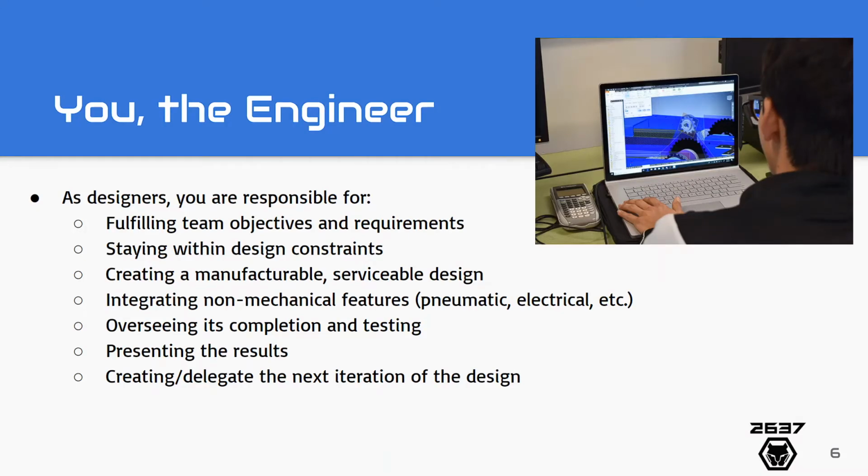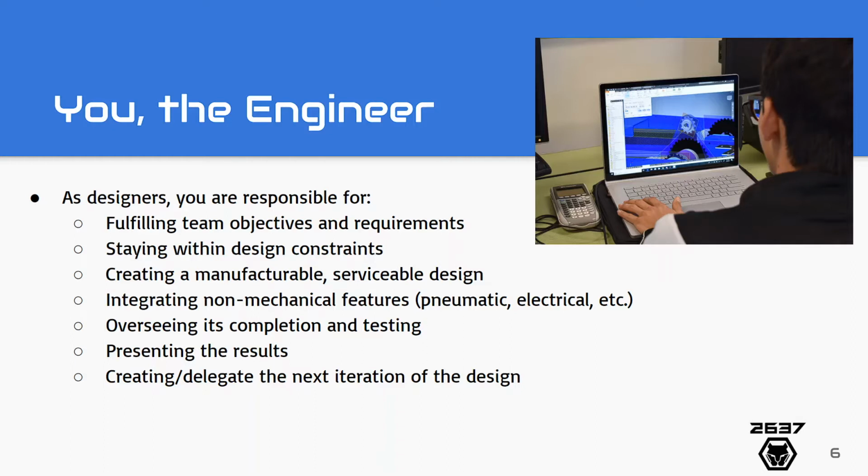As the engineer, as the mechanical designer, you are responsible for fulfilling the team objectives and requirements that are going to be given to you or that you're going to help develop. You're responsible for staying within design constraints, and we'll go over what they are later.